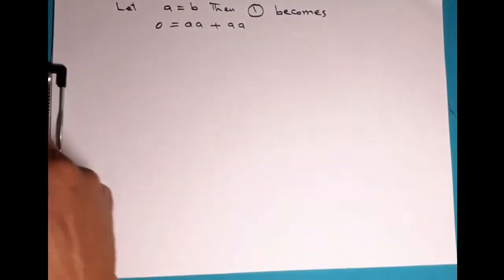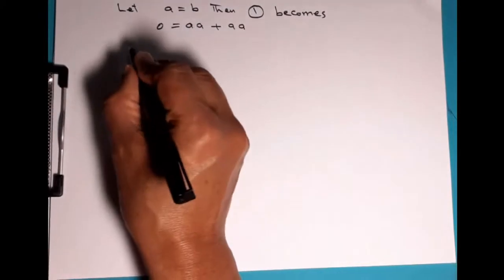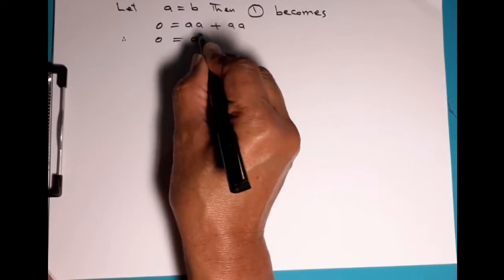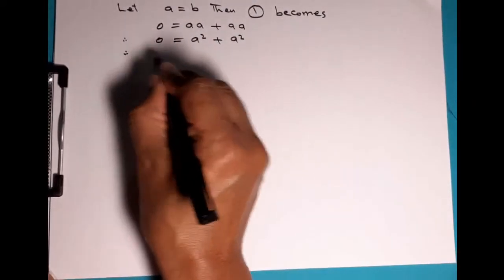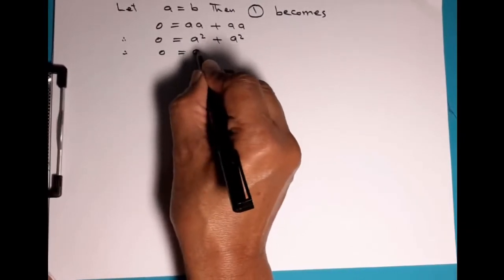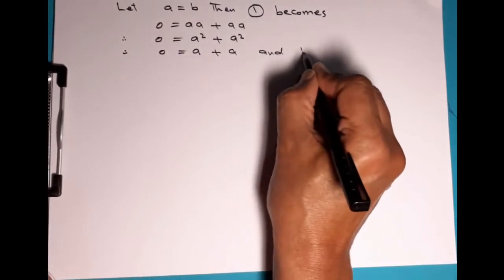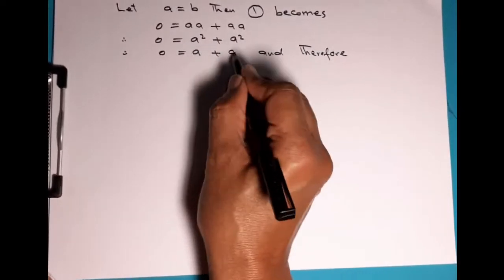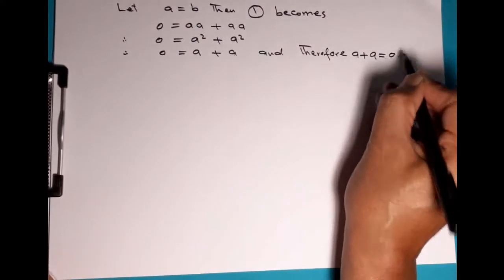Note that b is a again. So 0 is equal to a into a is a square, plus a into a is a square. And therefore 0 is equal to a square plus a square, which is a plus a. And therefore we have proved that a plus a is equal to 0. So this was the first condition we had to prove.